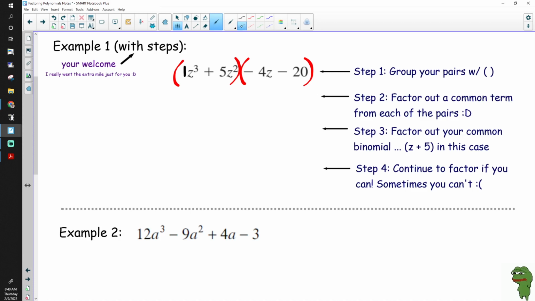Whenever we take something out, we write it out front. So we're going to take out 1z squared, and we need to figure out what is going to be left over. If I take away 2 z's from 1z to the third, how many z's does it have left? It's just going to be a 1z.